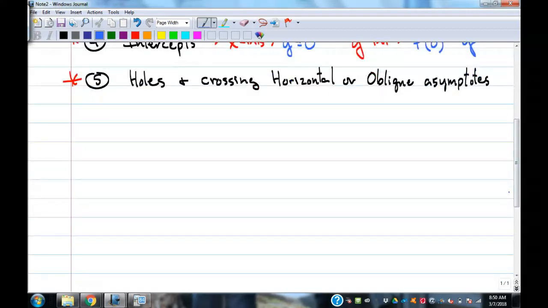Holes and crossing the obliques and horizontals, I think seeing that is the best thing. A hole occurs when something cancels. We've seen some things cancel already. A hole in the graph is going to come from those restrictions on the domain that aren't vertical asymptotes. It's like that example we had earlier where an x plus 2 canceled out. So -2 was a restriction on the domain, but there wasn't a vertical asymptote there.